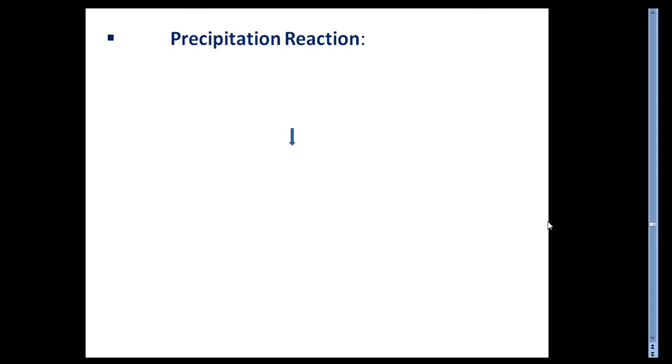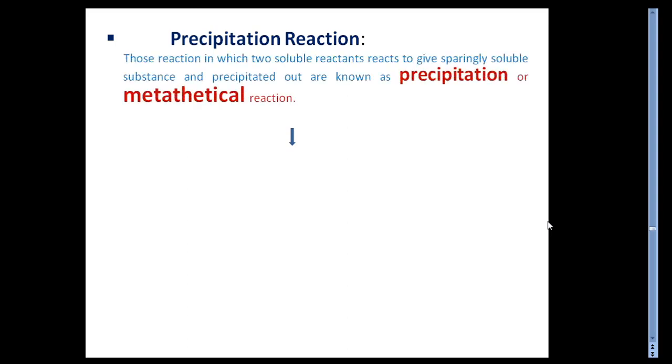Now next is the precipitation reactions. Students, we already discussed precipitation and metathetical reactions, but we are repeating here in liquid SO2 as a solvent. Those reactions in which two soluble reactants react to give a sparingly soluble substance that precipitates out are known as precipitation or metathetical reactions.